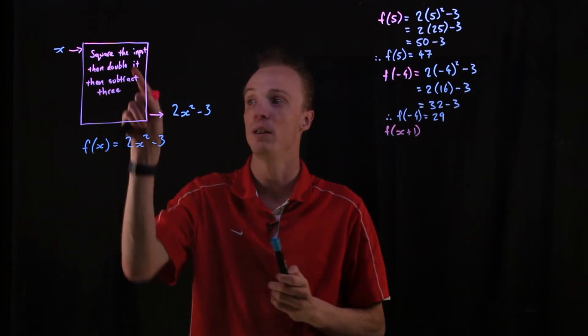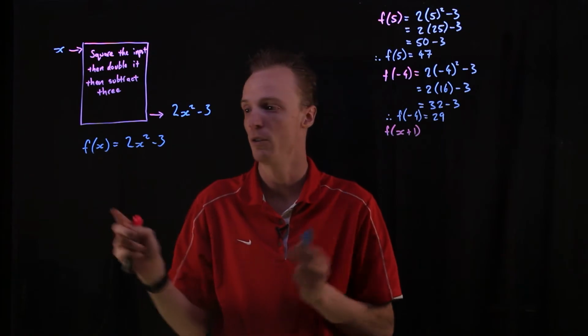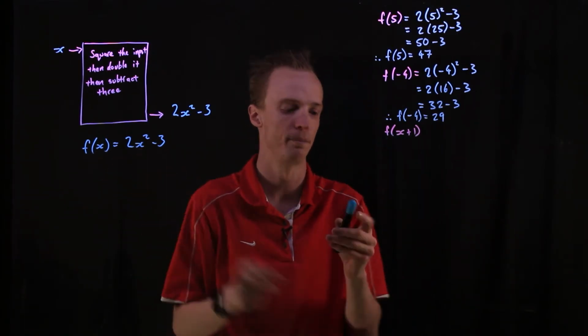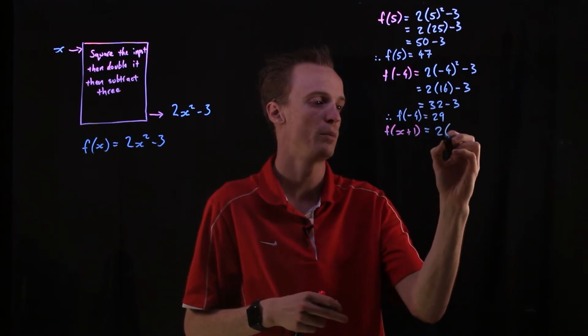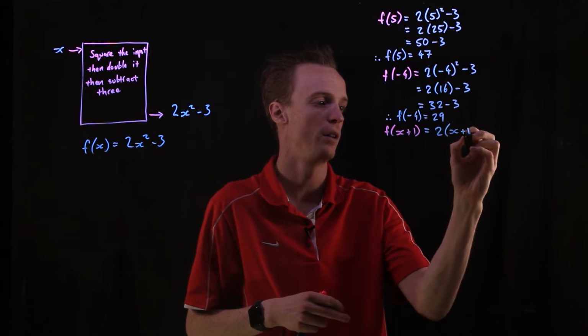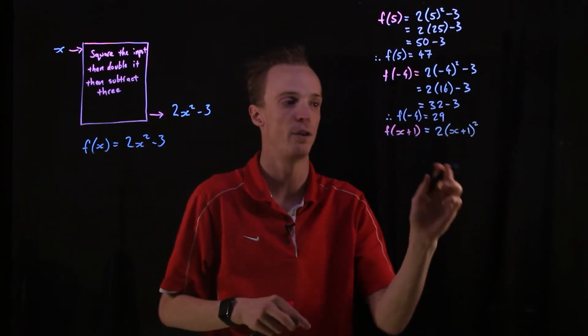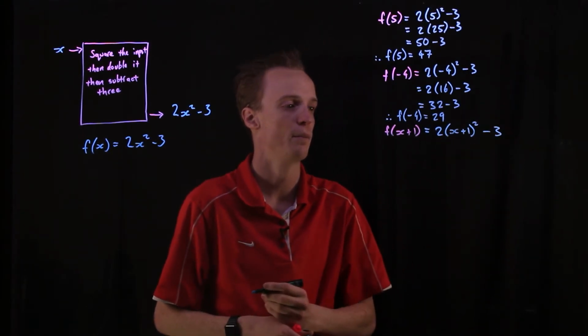I'll need to square the input, then double it, and then subtract 3. I can achieve this by substituting my x with x plus 1. So this will be 2 multiplied by x plus 1, but I'll need to square that first, because I need to square my input first. I'll multiply it by 2, then subtract 3 at the end.